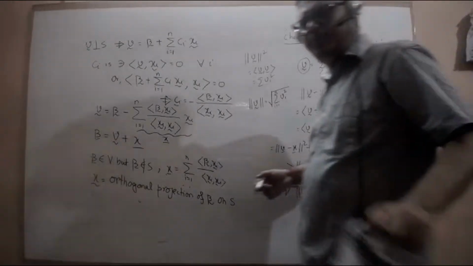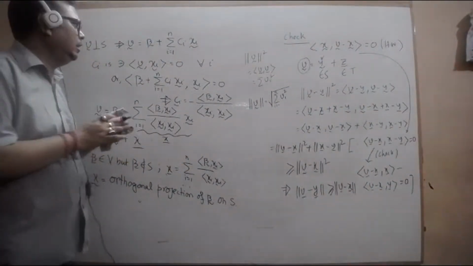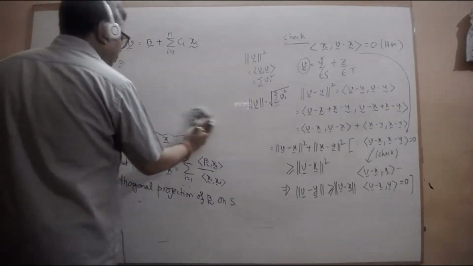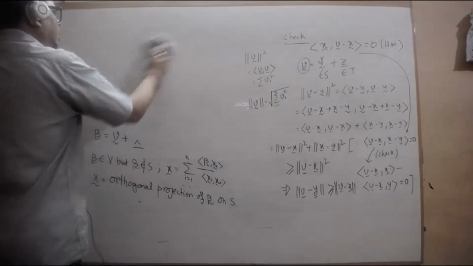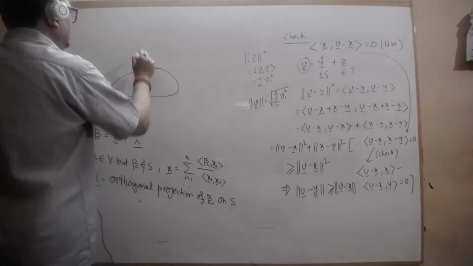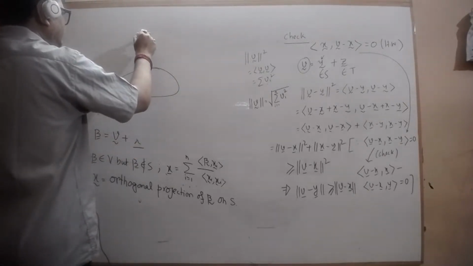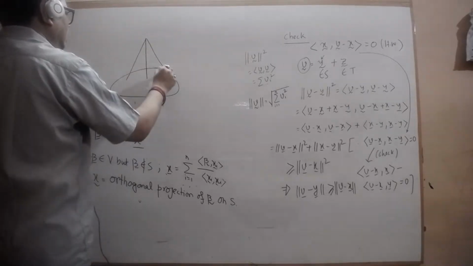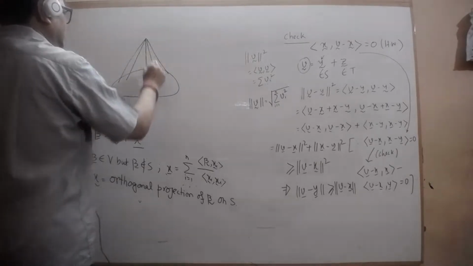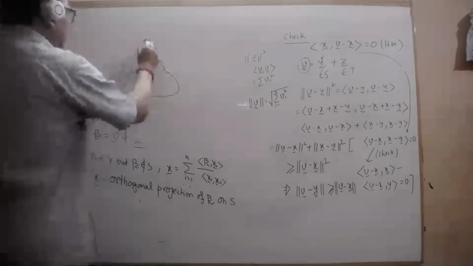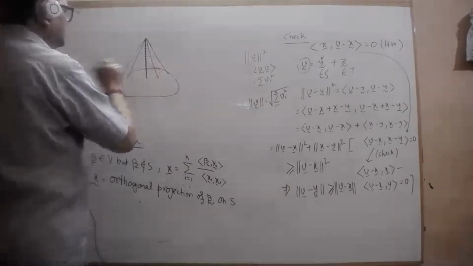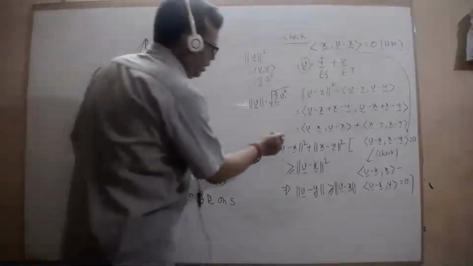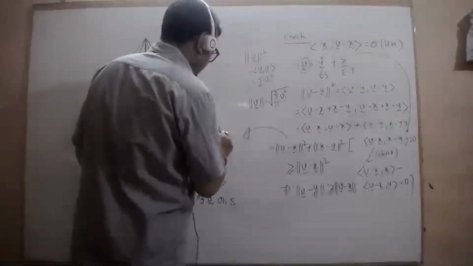So this is the principle of least square technique. Actually, in least square technique, we use orthogonal projection instead of any projection. If you look at this diagram, you see that this is your orthogonal projection. If you take any other, you see that the perpendicular distance is the minimum distance. So this is the philosophy of least square technique.